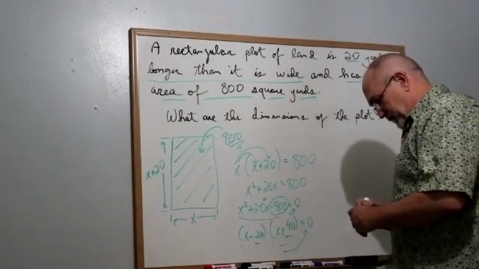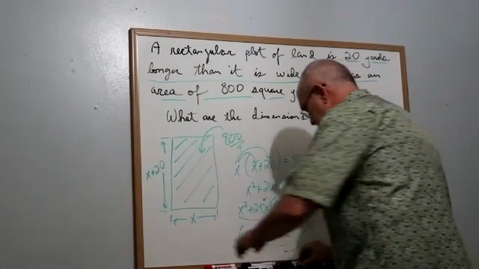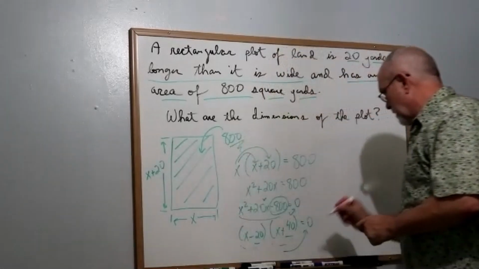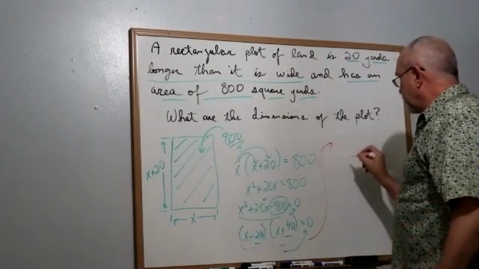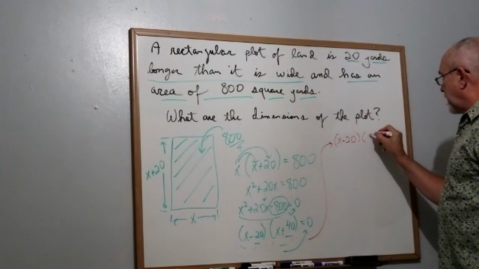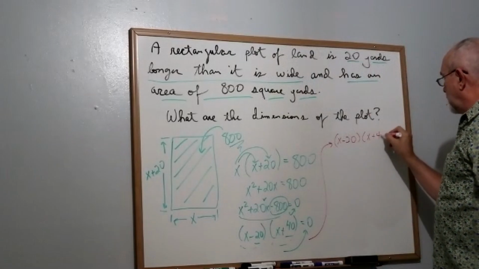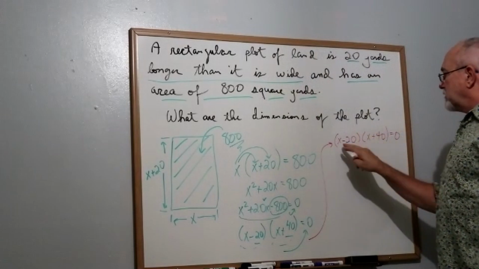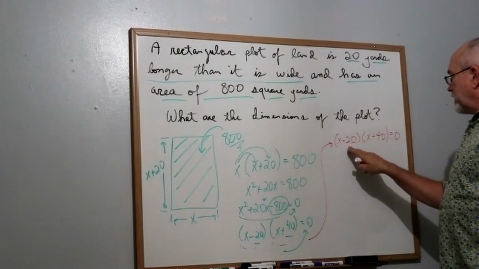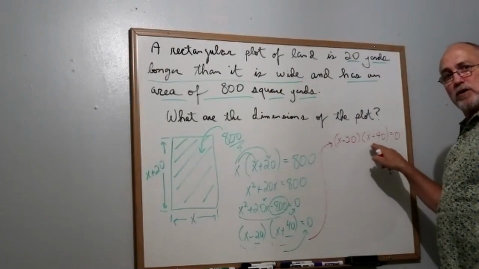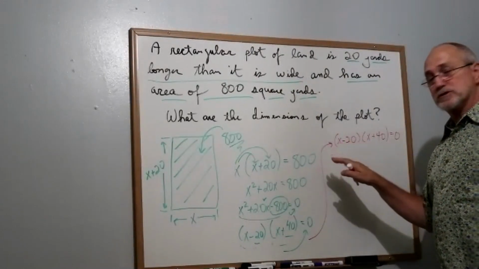Now, let me move this over here and finish the problem. Let's write this back out again. Equals 0. So what value of x? We want one of these to be 0. And because either one of them can be 0, we're going to have two possible solutions.